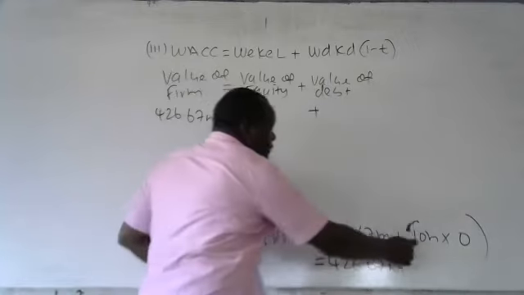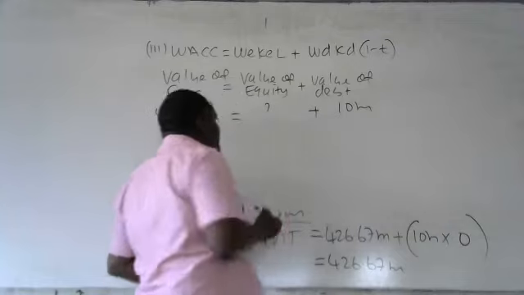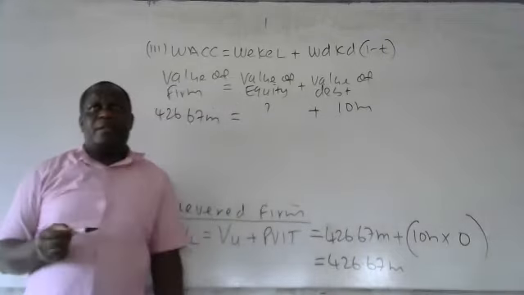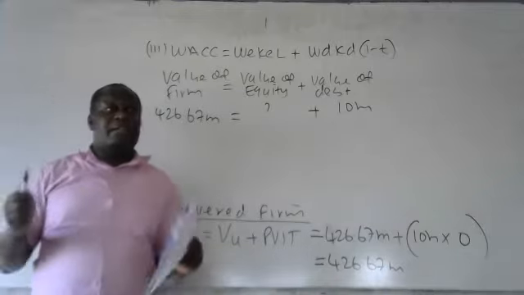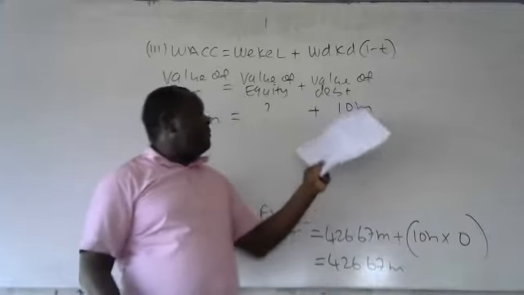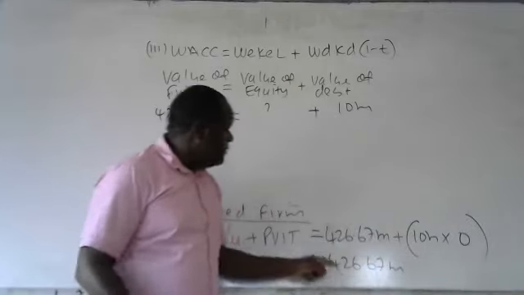So if the value for the debt is 10 million, what should the value for equity be at that point? Value for equity must always be the market value, but the debt should be the book value. The debt was given there, but the value for the farm is this.